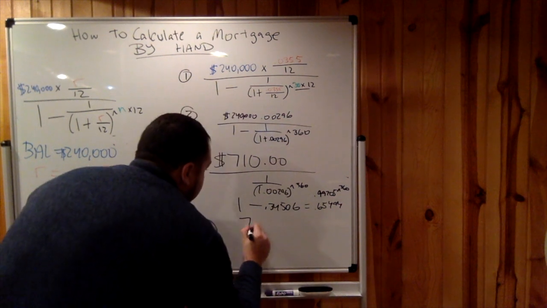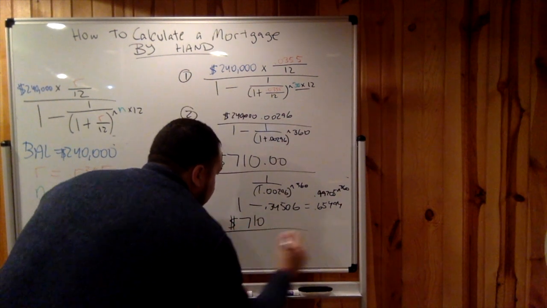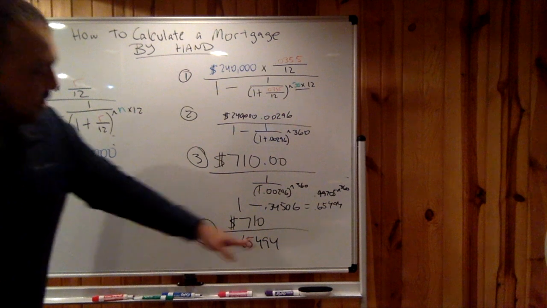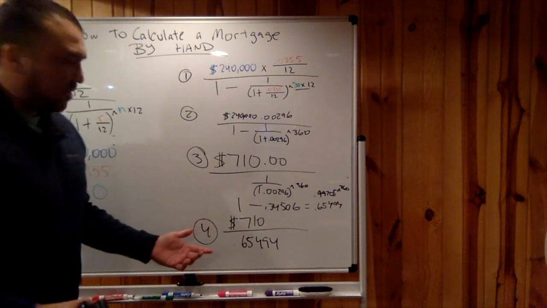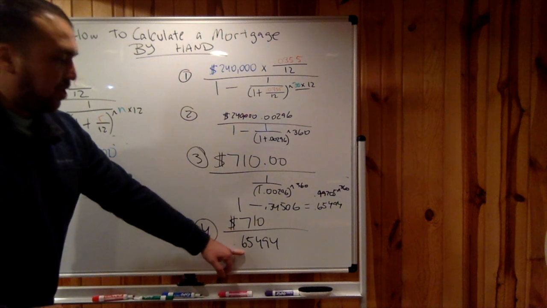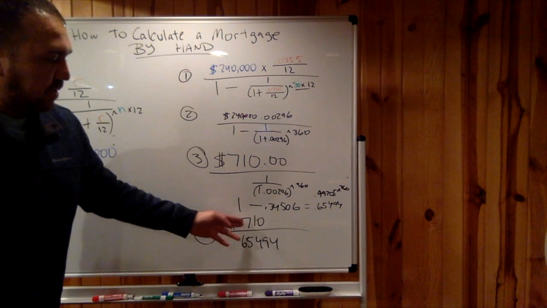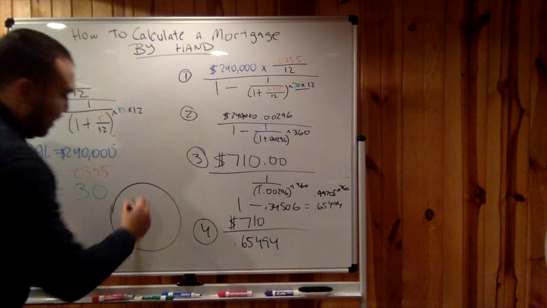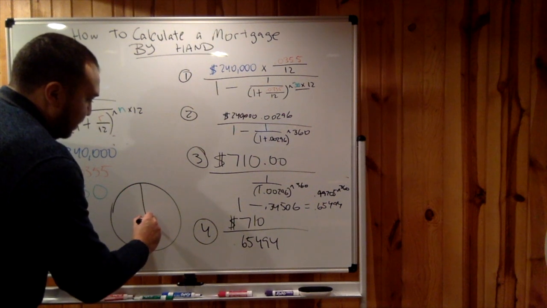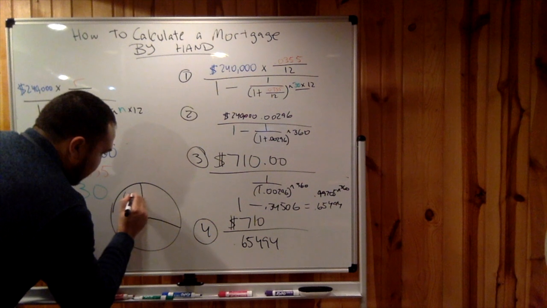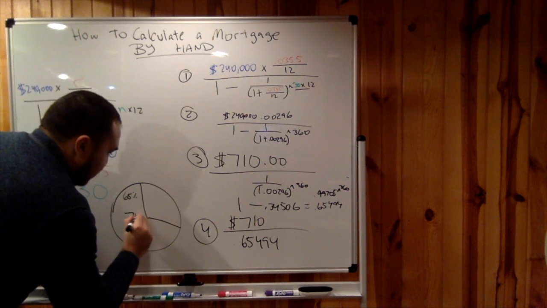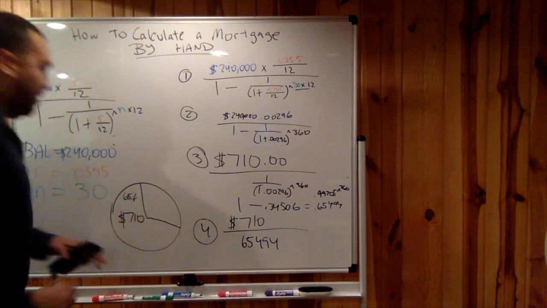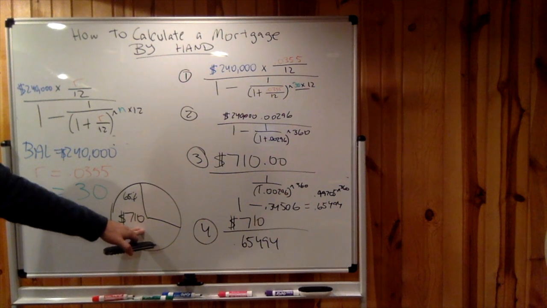So the final part is 710 divided by 0.65494. So this is the interest on the first month, the $710, and this is what proportion of the total payment the interest is made up of. So this means that 65.5% of the total payment would be $710.